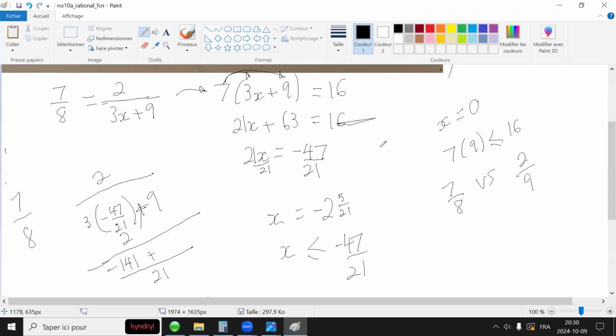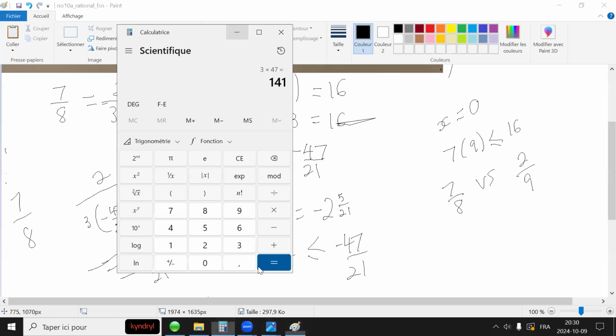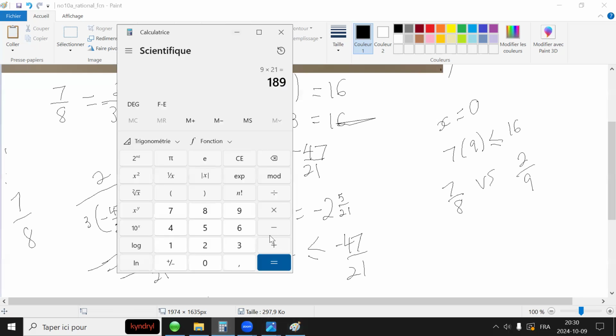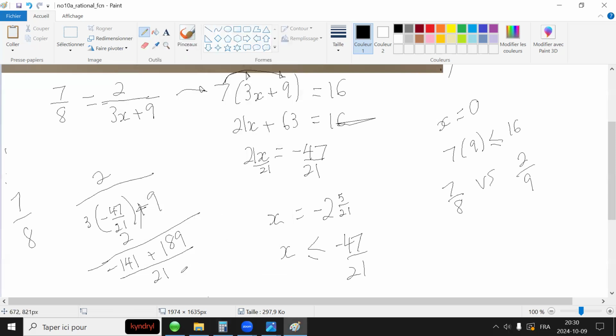No, this is supposed to work. As for 9 times 21, we're gonna get through it. 189. So I got 189 minus 141. Then I have 48. Okay, sounds good. We're getting somewhere.